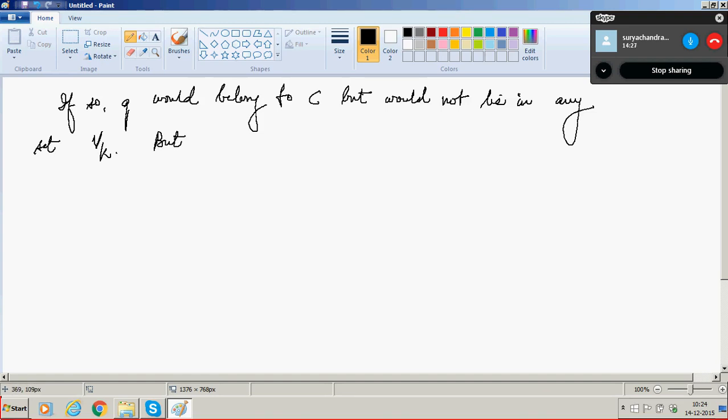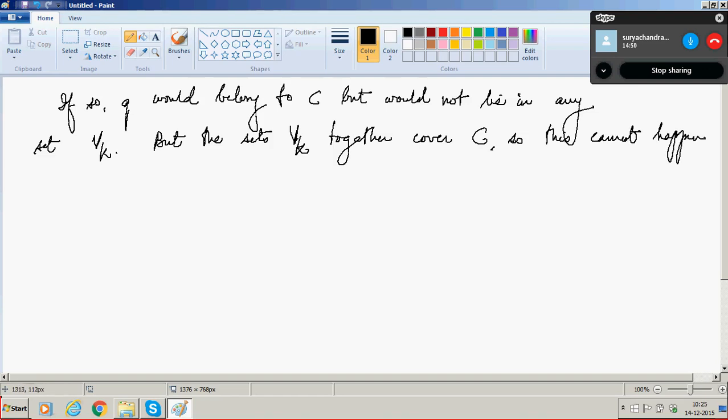But the sets Vk together cover C. So this cannot happen. We cannot have a point Q which is there in all the sets.